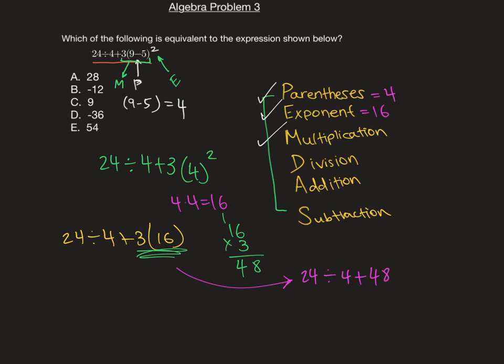Now, what's our next step? We have to find anything with division. Is there any division in this problem? There is, right here with the division symbol. So 24 divided by 4. What's 24 divided by 4? That's 6. So our division is 6.